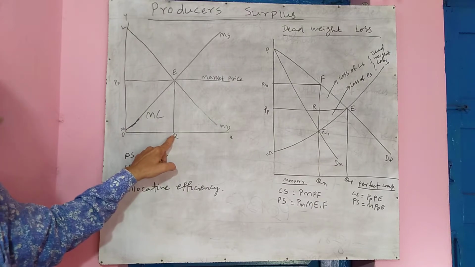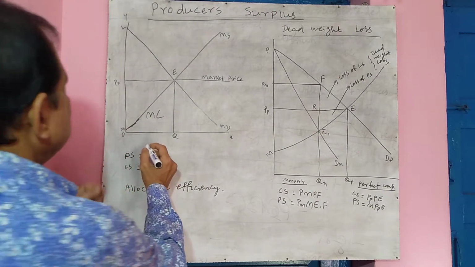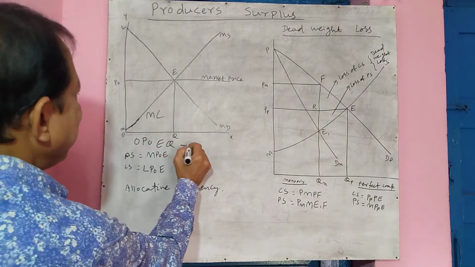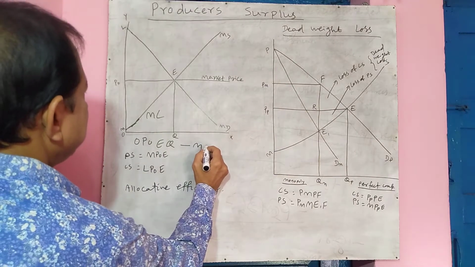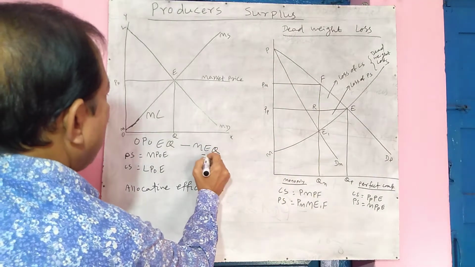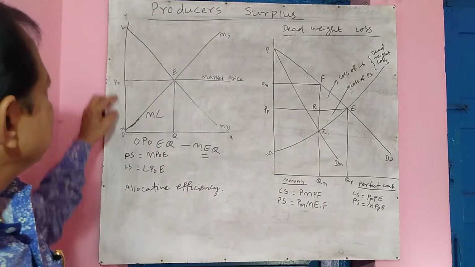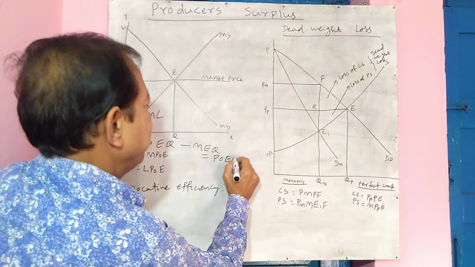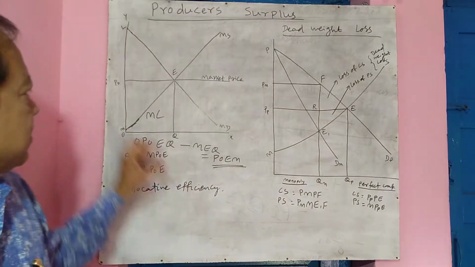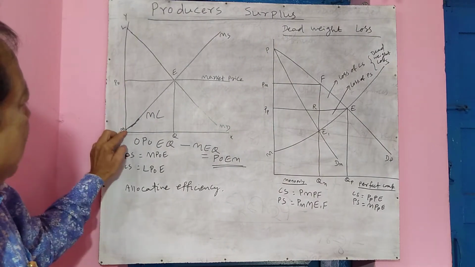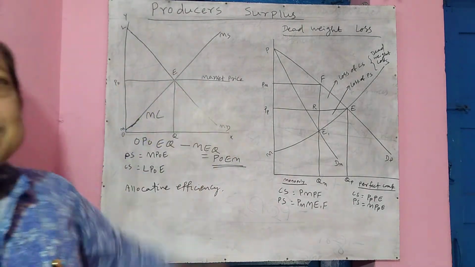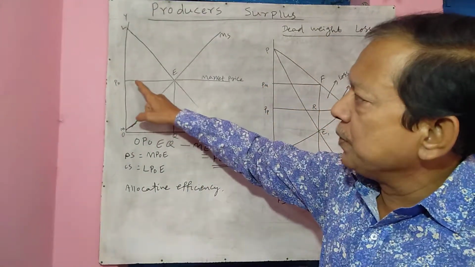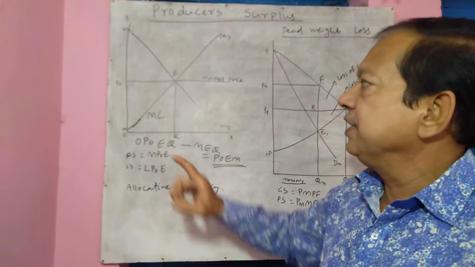And the total revenue is OP0EQ. So if you deduct OP0EQ minus MEQ, how much do we get? We get P0EM. This triangle P0ME is the producer surplus, because this is the extra amount of revenue which the producer gets over and above his marginal cost.